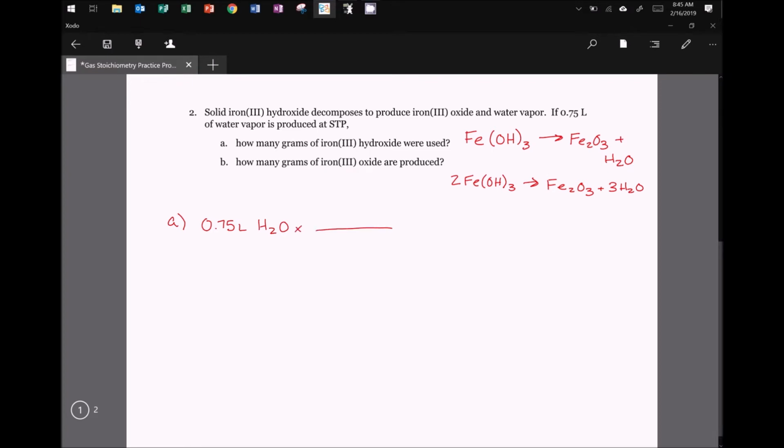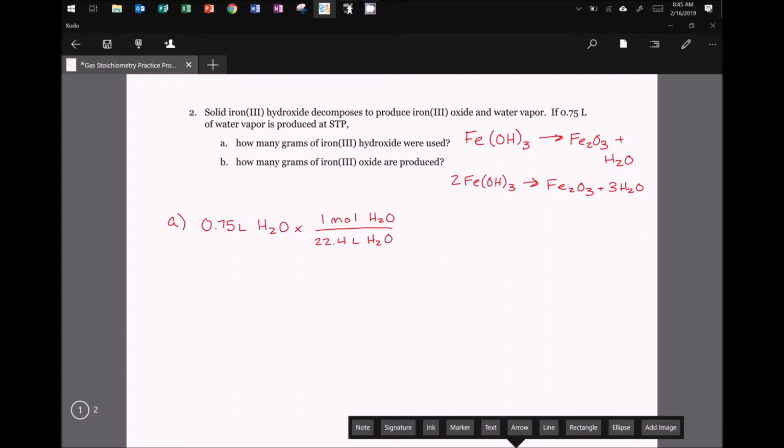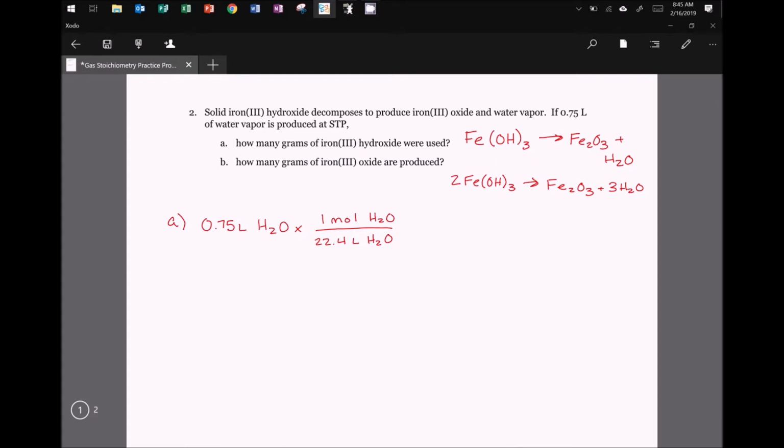So for every 1 mole of H2O, we're going to get 22.4 liters of water. Now I can go ahead and use mole bridges or ratios to compare my water to my iron hydroxide.